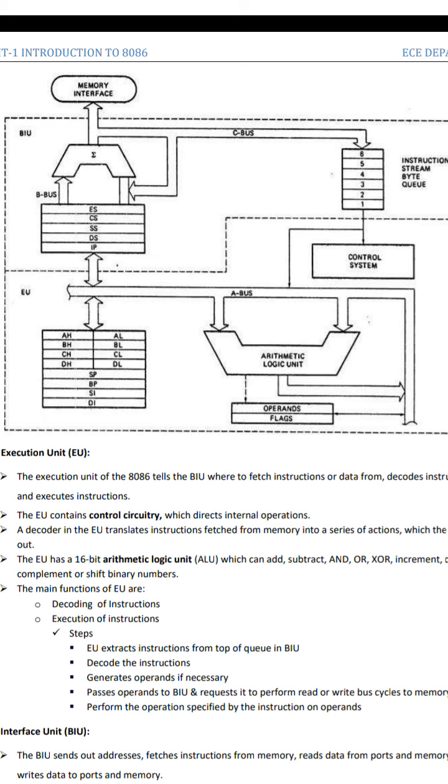From memory it reads some data on which the operations can be performed using instructions. Then, because it supports memory segmentation: memory segmentation means the 1 MB memory which is addressed by the 8086 microprocessor is divided into 4 segments, that is the code segment CS, extra segment ES, DS means data segment, and SS means stack segment.